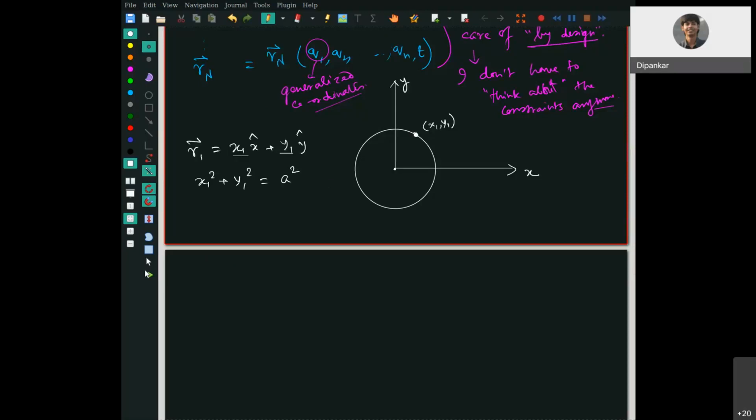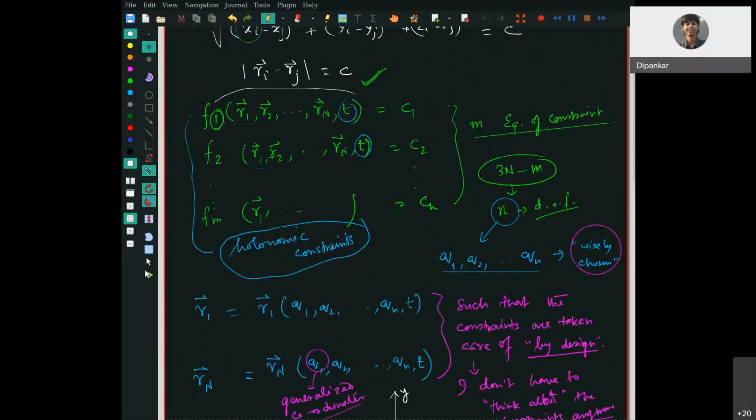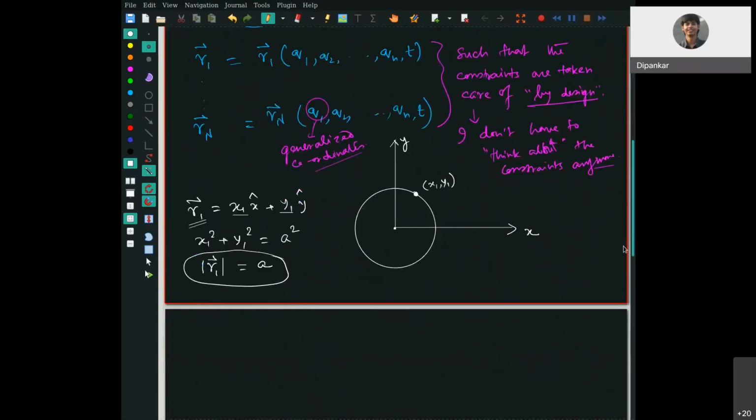Or if you prefer to express it in terms of r1, you can write the magnitude of r1 equals a, r1 dot r1 equals a square. This can be taken as your constraint equation, similar to the earlier equation.